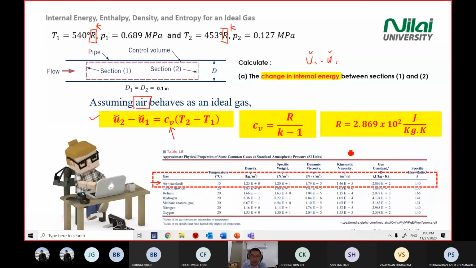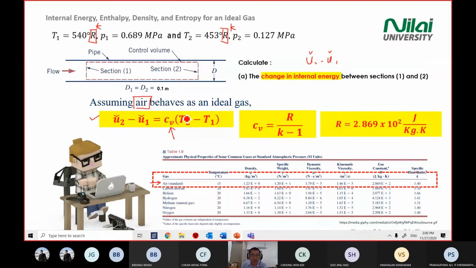So what if the temperature was given in Rankine and we have to change it to Kelvin? In this case, you don't need to change anything. You just refer to the table.